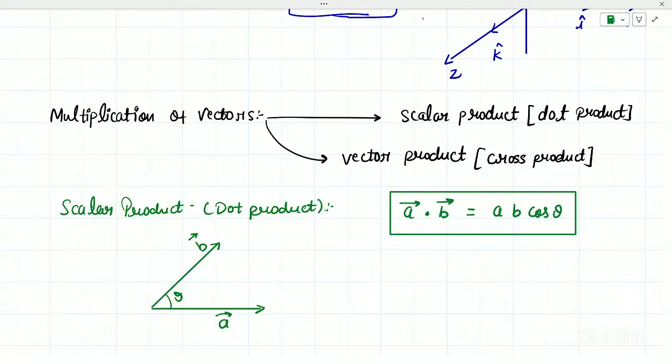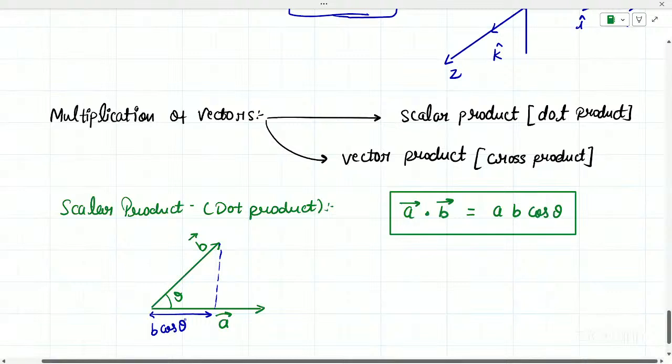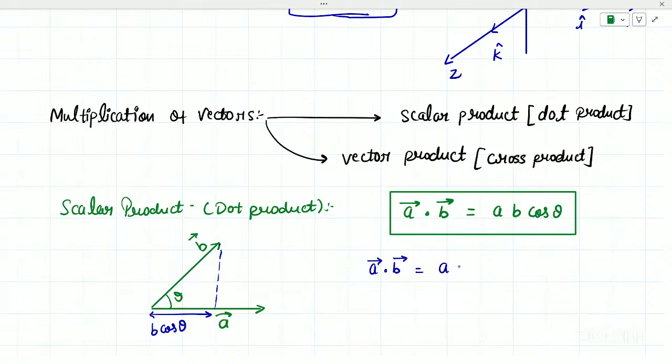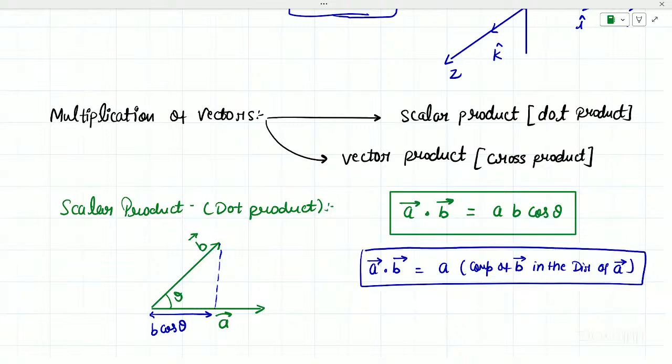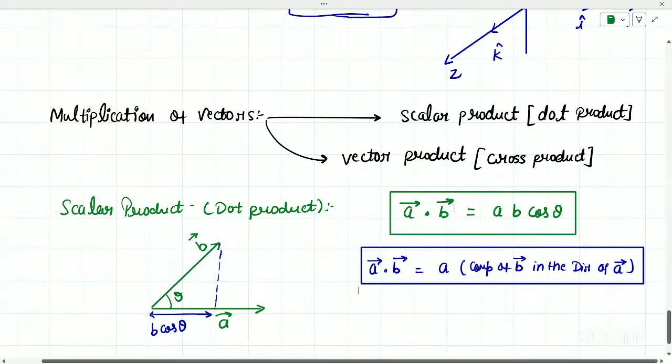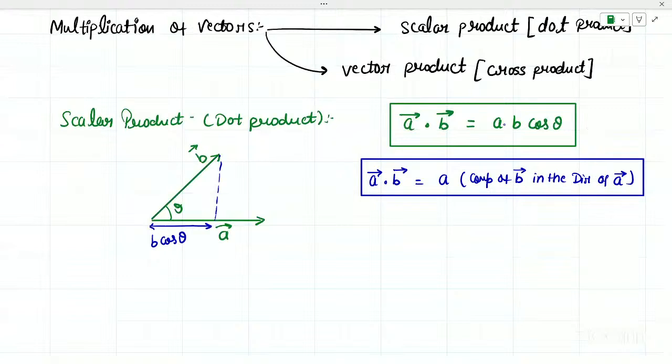Ultimately, what is the meaning of it? If you resolve the B vector in the direction of A, this component of the B vector is nothing but B cos theta, as I have told you. So A dot B can be represented as A times the component of B in the direction of A vector. Similarly, the same is possible when you combine this A cos theta, which means we can resolve the A vector also.